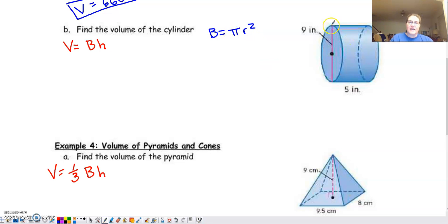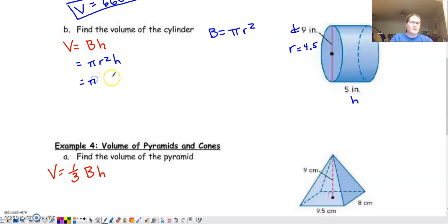They've given us a diameter of 9, which means that my radius is half of 9. If I divide 9 by 2, that's going to give me 4.5. So that's what my radius equals. So I can say that my volume here is pi r squared h.